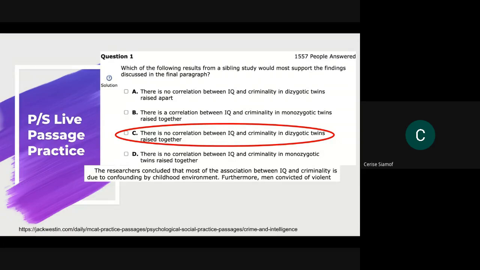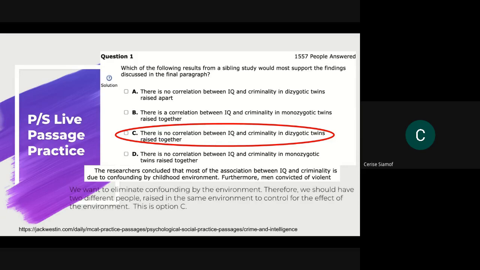So basically the goal of this question was to figure out how to eliminate the confounding environment. So answer C is the only one that does that. So if we want to eliminate confounding by the environment, we want to have two different people who are raised in the same environment to control for the effect of the environment.